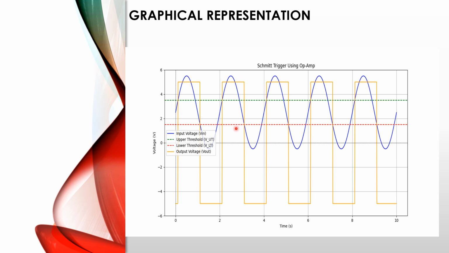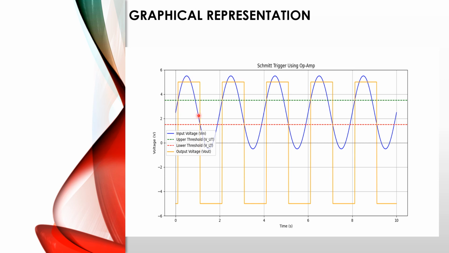Okay, now what we will compare is how long Vin is greater than the upper threshold level or lower threshold level. This is the positive half cycle.